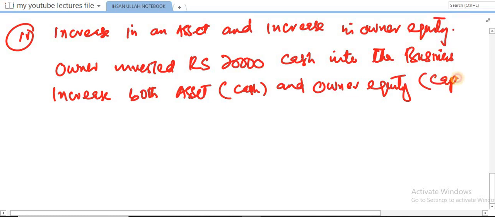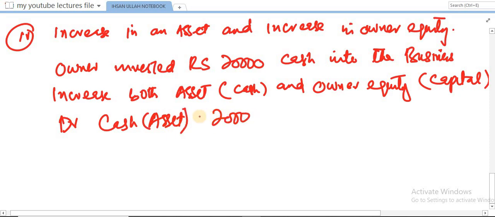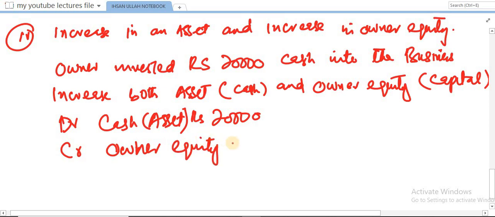We know that is the capital amount. Okay, so the debit will be your cash, meaning asset, with 20,000, and credit will be the owner equity, that is your capital, and that is also Rs 20,000.